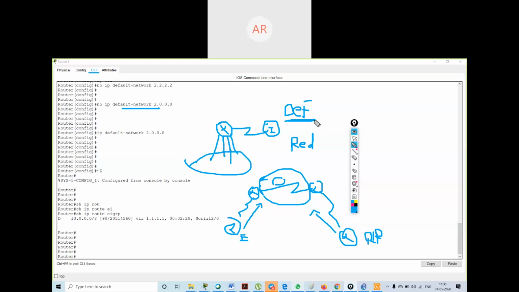Yes, but see, redistribution is something that is done between the IGP protocols, and default-information originate is done on the default route. The default-information originate command is run on the default route.